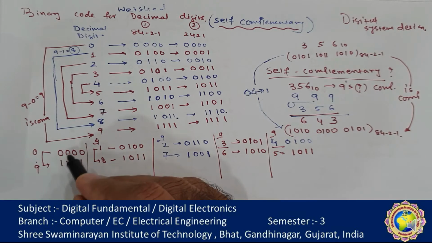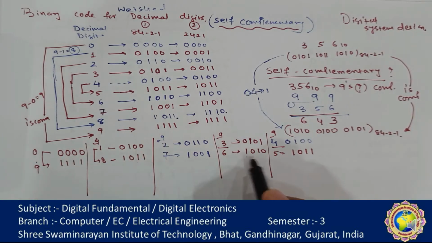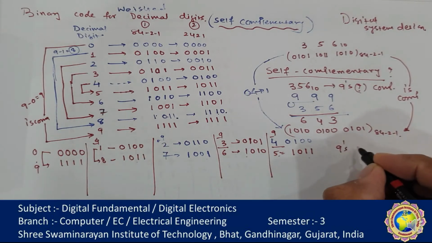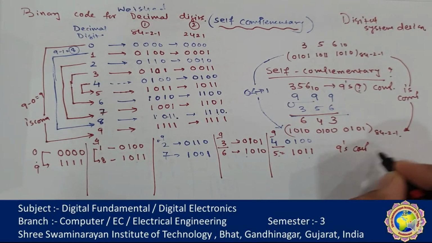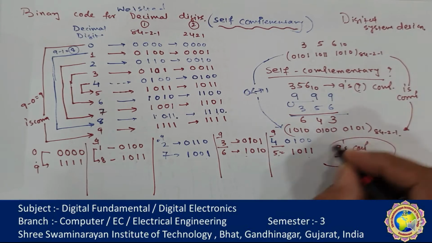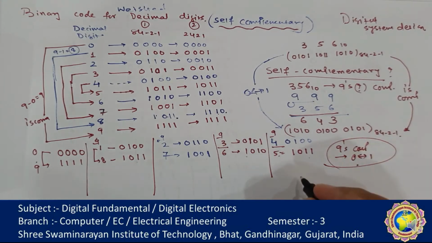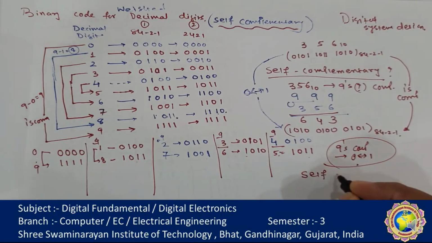So simply 0 is replaced by 1 and 1 is replaced by 0. So the 9's complement is simply the conversion of 0 to 1 and 1 to 0. So this code is known as self-complementary.